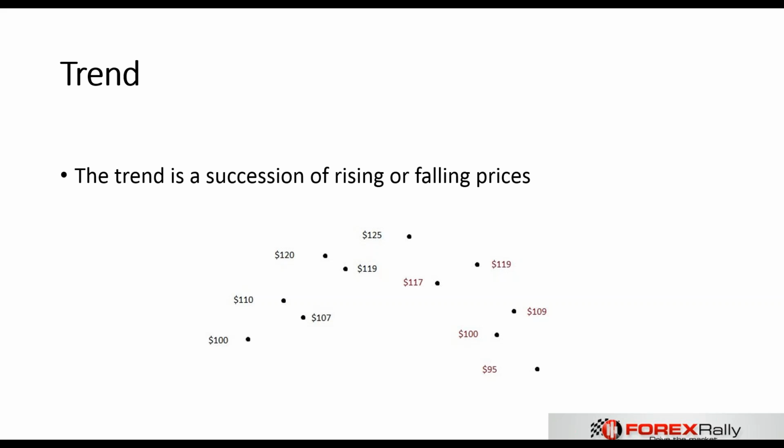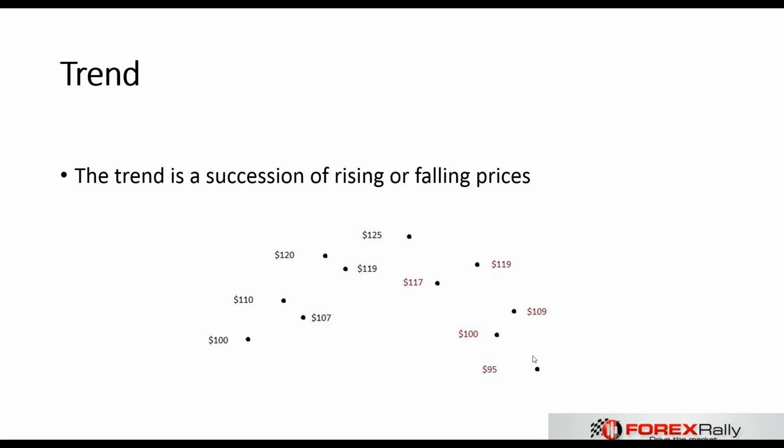It can go like that, but usually it moves like from 100 to 110, back to 107, up to 120, and so on. You can see here that after getting to 125, which is the top, the price started to fall, 117, 119, all the way to 100, 109, and all the way to 95.